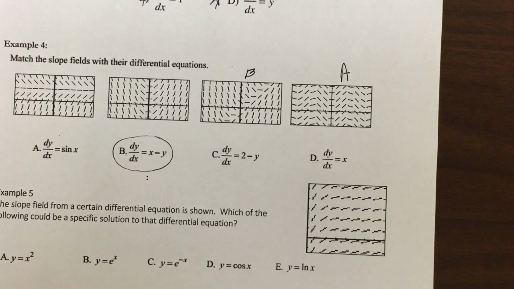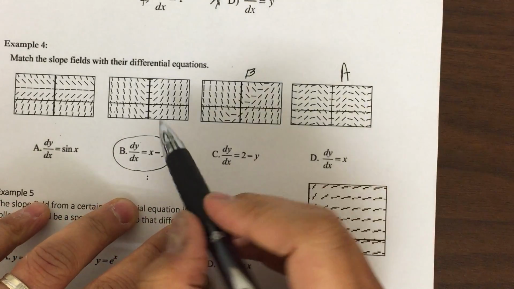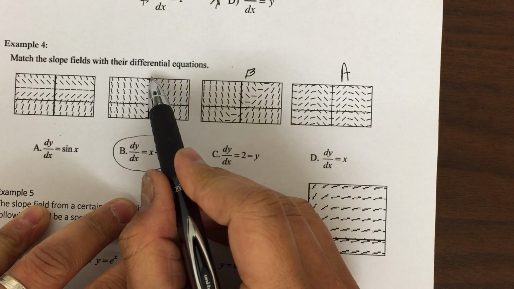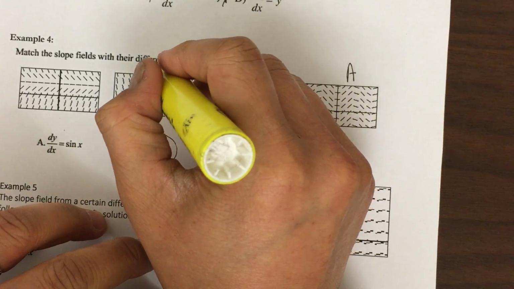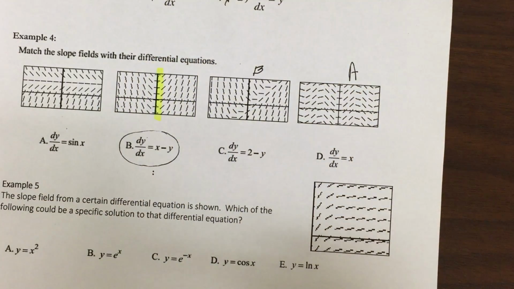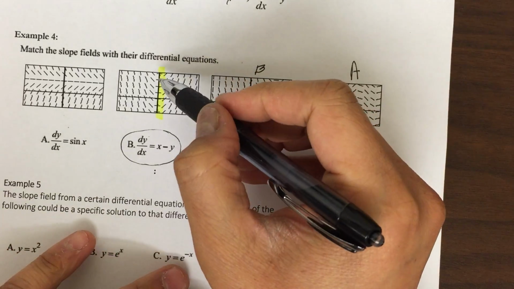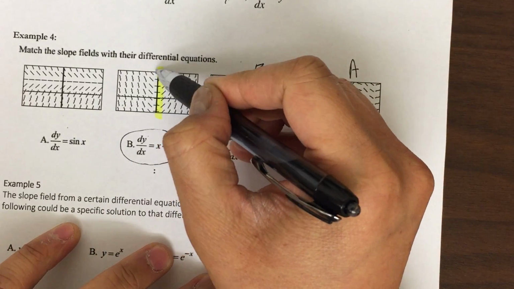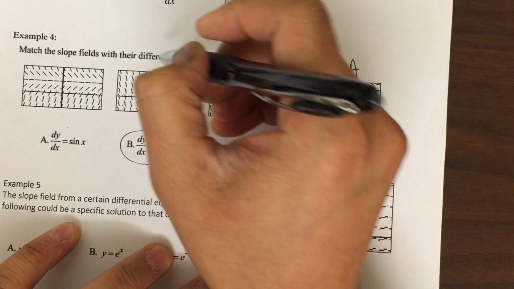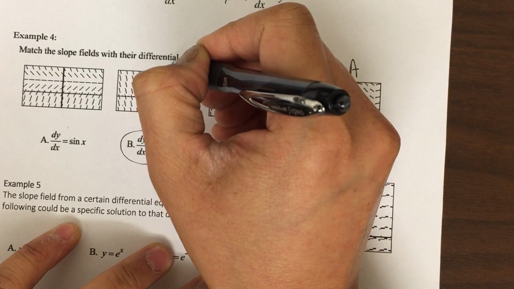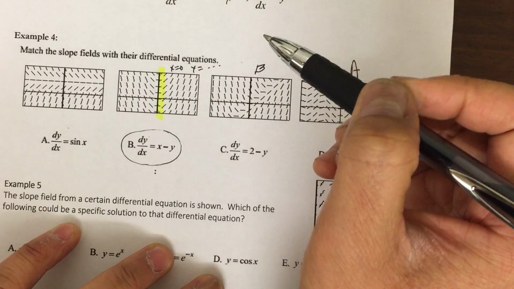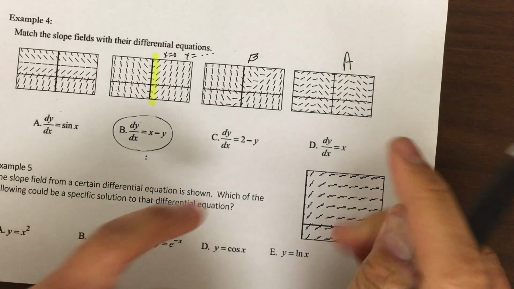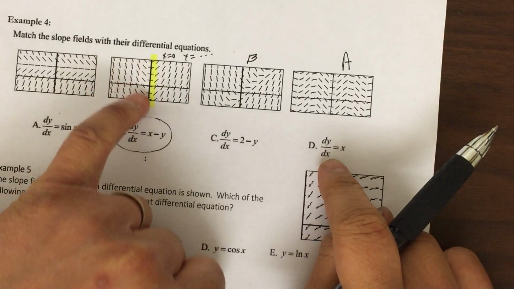Well, we basically take either the x or the y-axis. So I'm going to take the y-axis in this case because I noticed there's something in common. All these slopes are 0, and every point on the y-axis has x equals 0 and y equals something else. So let's see which of these two matches up with that slope.